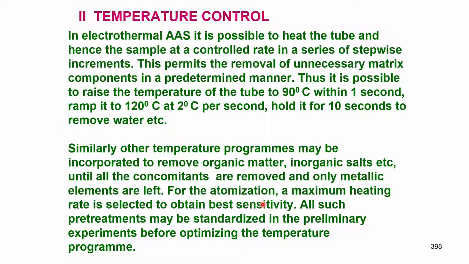So, what is a temperature program in graphite furnace? It is to remove the concomitants. Concomitants means other matrix elements that are present along with the sample without our intervention. That means a plant extract will have salts, organic substances, etc. All those things are called concomitants.